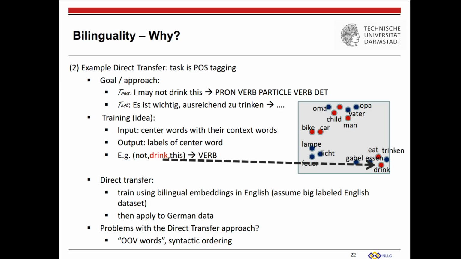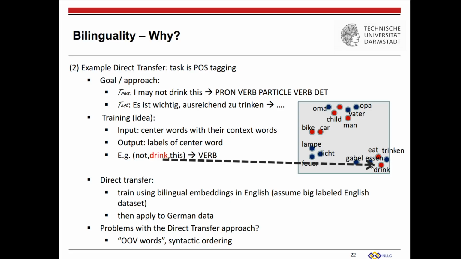And the other thing is that all words in the test data are what we would call out of vocabulary. That means they have not been seen during training. And why have they not been seen during training? Because you have seen drink, but you have not seen trinken during training. And you see that trinken is a little bit off, right? It's not very much off, but at least it's a little bit off.